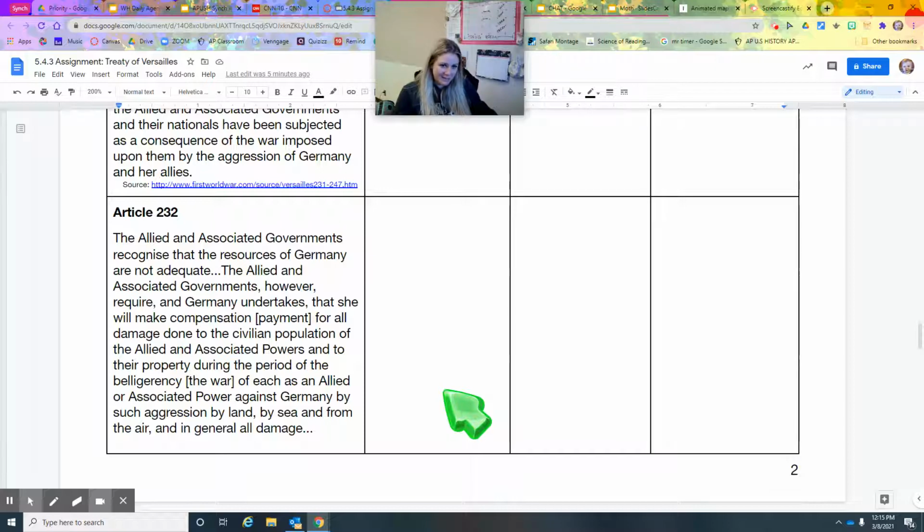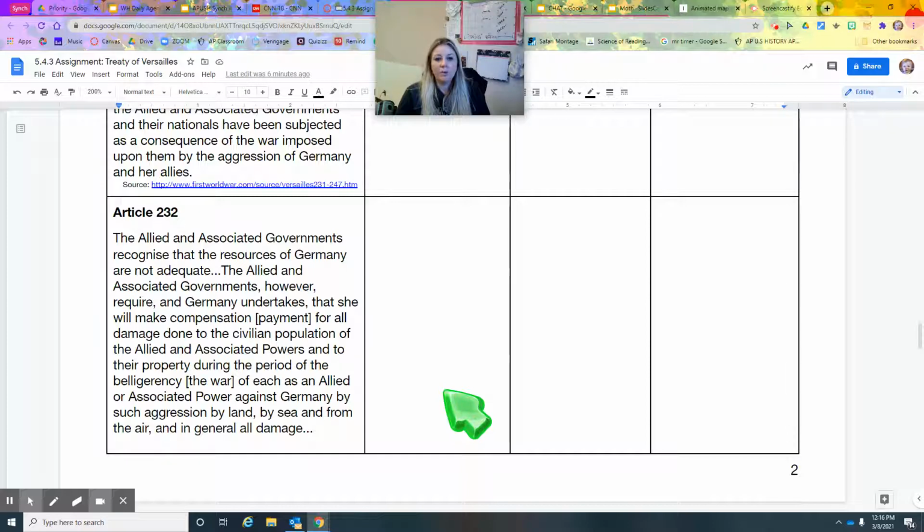The Allied and associated governments, however, require, and Germany undertakes, that she will make compensation, which means payment, for all damage done to the civilian population of the Allied and associated powers and to their property during the period of the belligerency, or the war, of each as an allied or associated power against Germany by such aggression by land, by sea, and from the air, and in general, all damage.